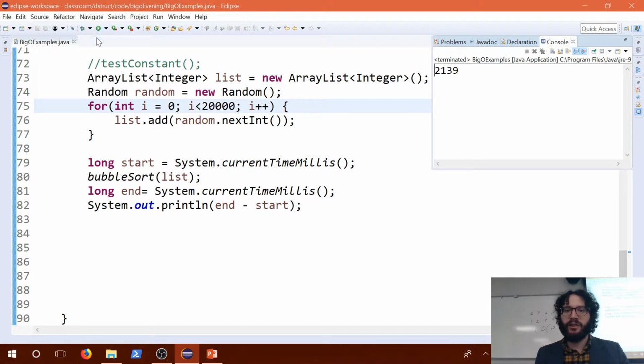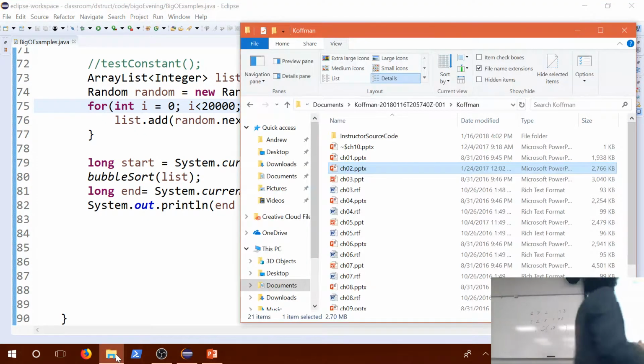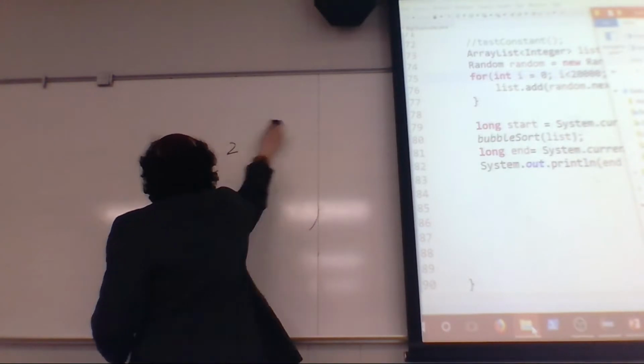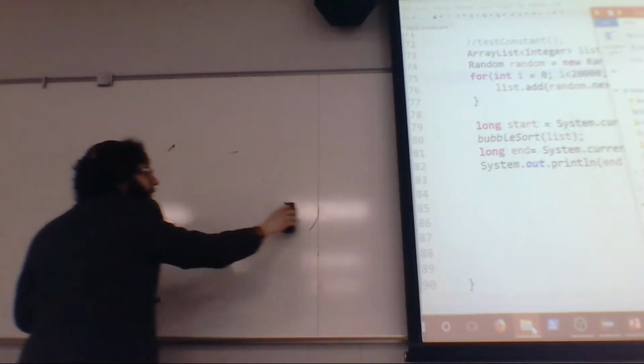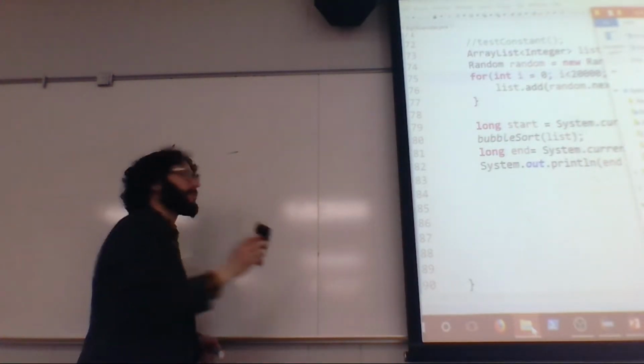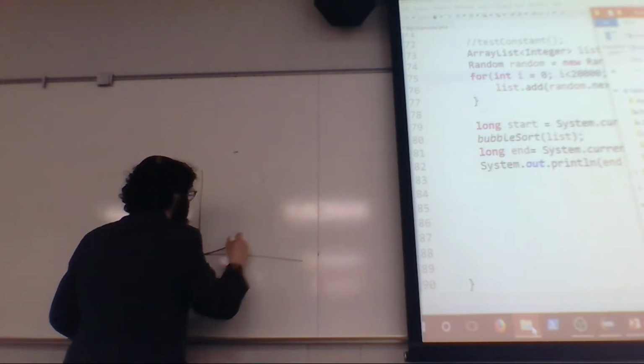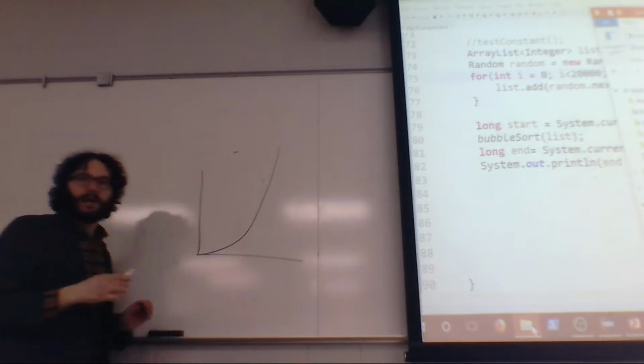We went from 600 milliseconds to 2100 milliseconds. That's a pretty dramatic increase. That isn't a linear increase in time, right? That's not a simple doubling. I doubled the size, and that went up by about 4 times more. So our graph is looking more like this kind of thing, okay?